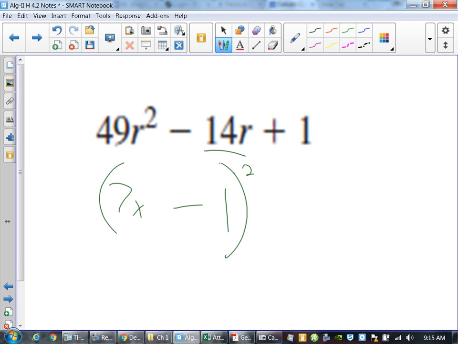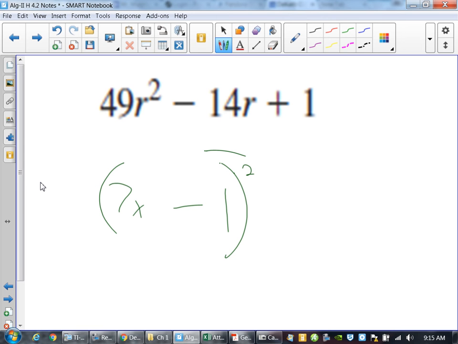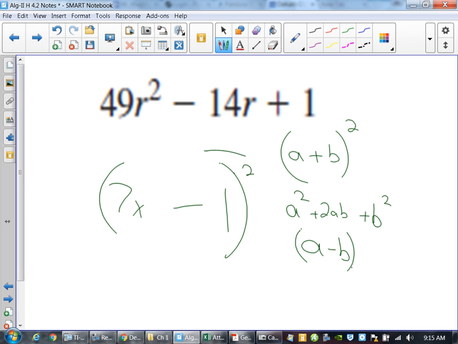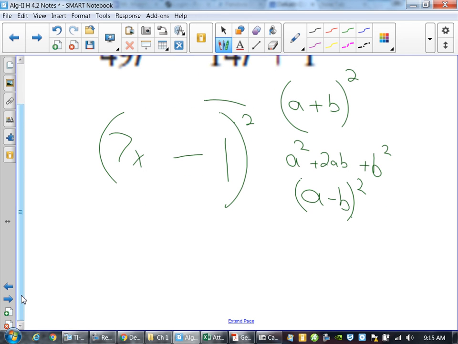Yeah, because what I'm doing here is the special pattern. The pattern itself is that when you have a plus b quantity squared, you will always get a squared, b squared, and then the middle is always going to be 2 times ab. And if it was an a minus b quantity squared, it's the same pattern, but it's first one squared, the last one squared, and this one will always be plus because what's a negative times a negative?